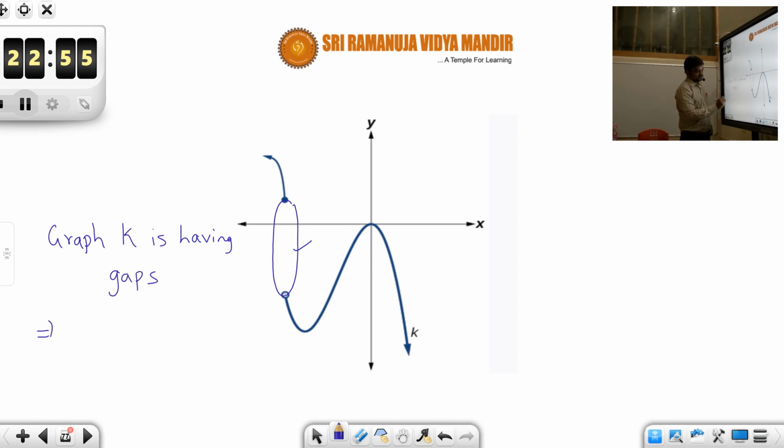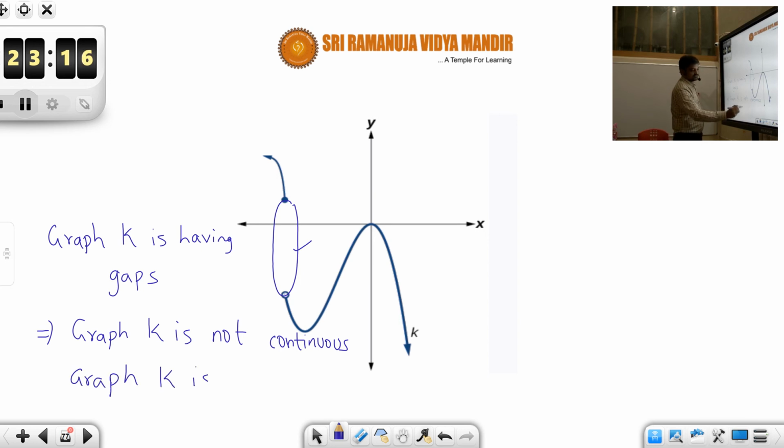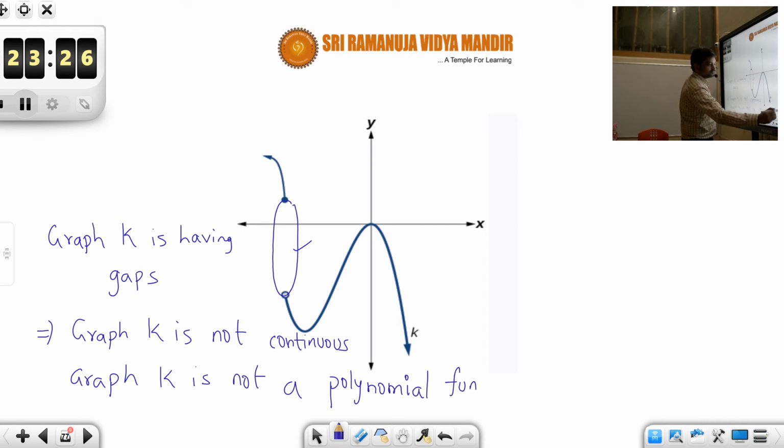Okay, so graph K is not continuous. If any graph is not continuous, then we'll say that graph is not a polynomial function. So graph K is not a polynomial function.